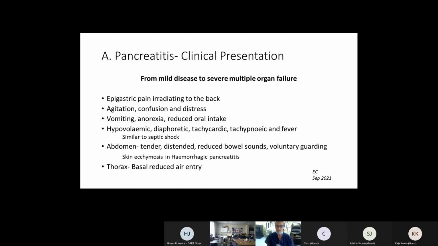And the patient might present a picture very similar to septic shock. So it's very frequent that these patients present in A&E and they start the septic shock pathways because it's so similar. Then the abdomen typically is tender, distended. There are reduced bowel sounds and there's some guarding. We'll see the skin ecchymosis in the next slide. And on the thorax, typically there's basal reduced air entry, and this is because of the close relationship of the pancreas with the diaphragm.